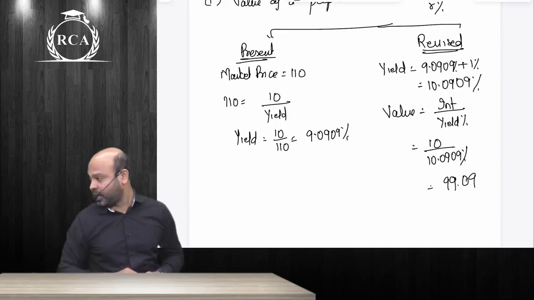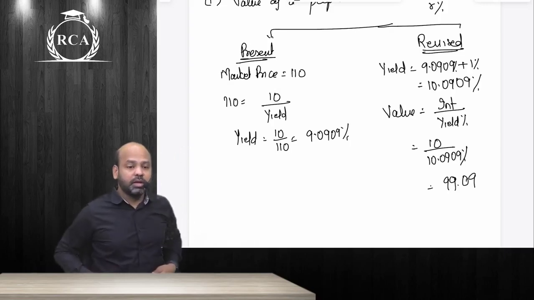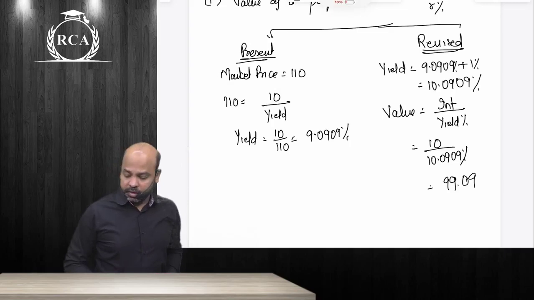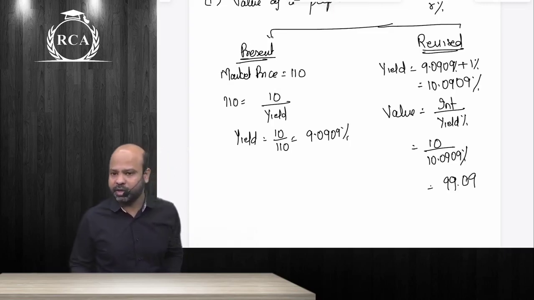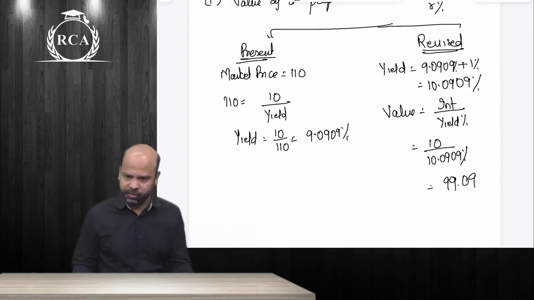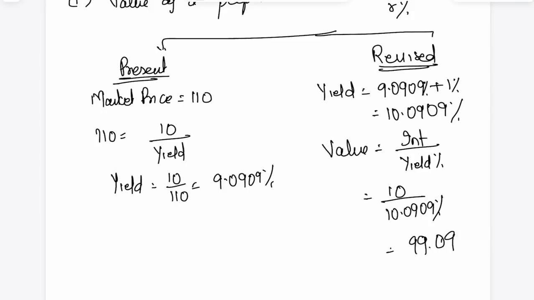If you still have any doubt in this question, beta, please ask. Are you all done with the first bit? Second bit, guys, it's a semi-annual coupon paying bond. You have to arrive at the fair value of that bond by discounting the cash flows. Arrive at the fair value of the bond by discounting all the cash flows.